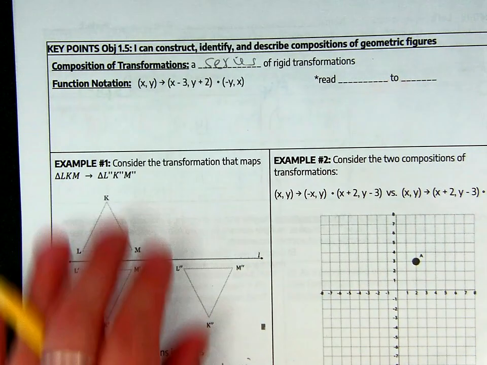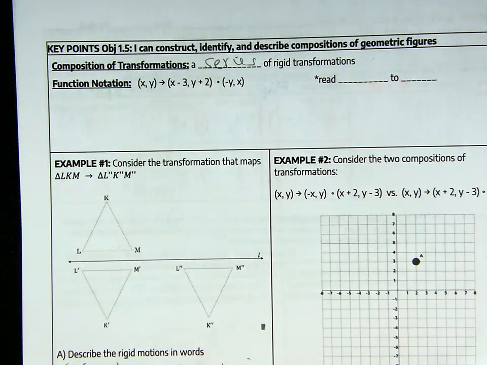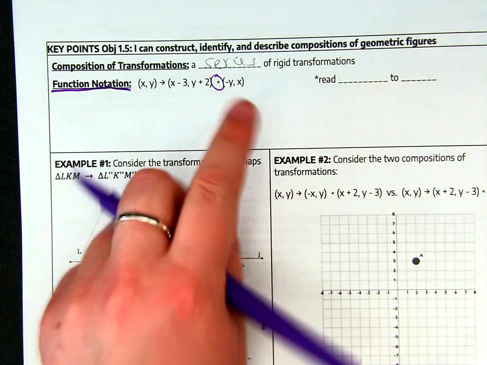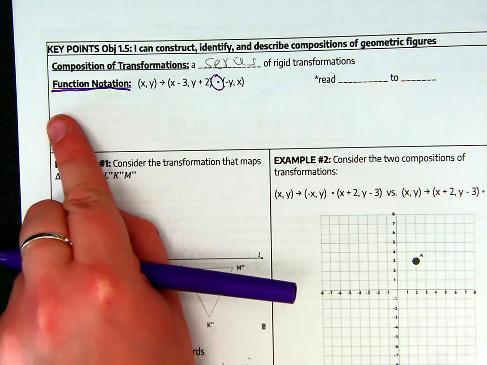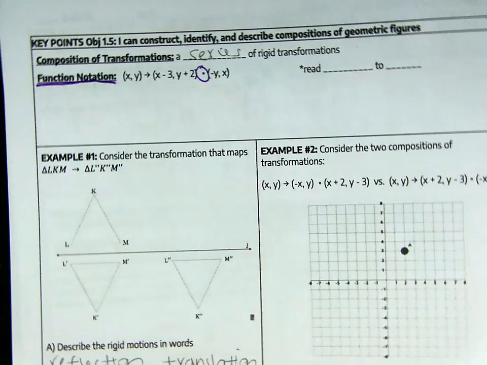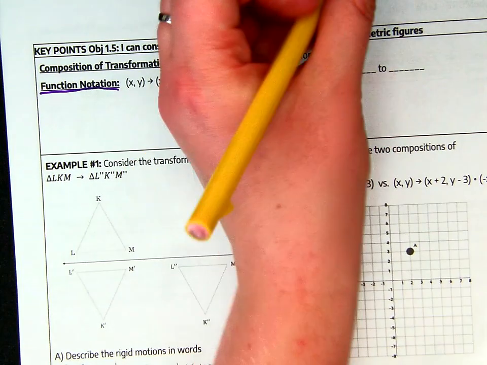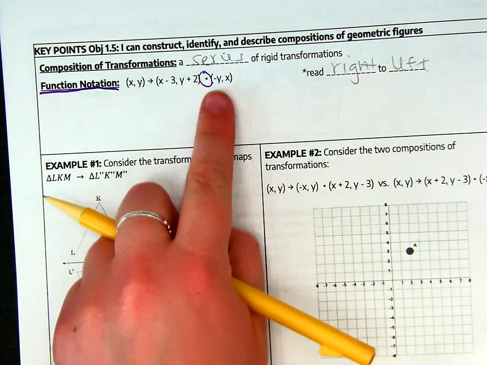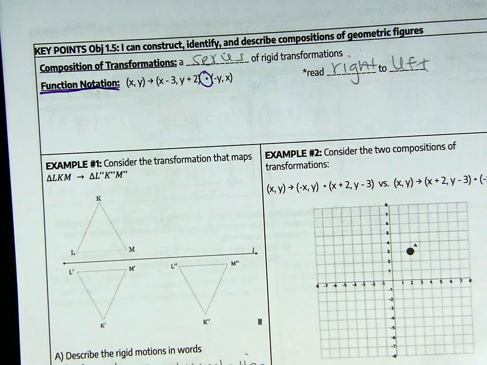We can also use something called function notation to describe transformations. Function notation is when you see that little symbol there. That means we're talking about more than one transformation, and when we do that, we read these right to left. So, talk about what's happening here.